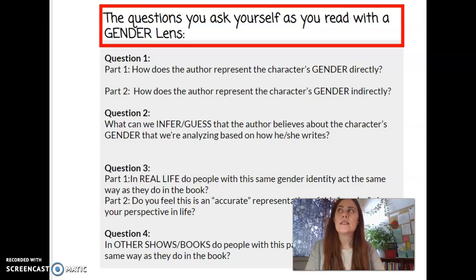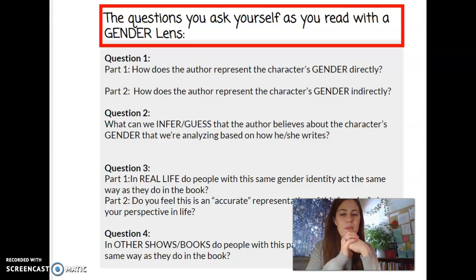What can we infer Jasmine Warga believes about that gender because of the way that she has crafted that character? For instance, if your author was to write female people that identify as the female gender as super whiny and shallow people, does that mean that Jasmine Warga wants us to believe that about females? I mean, we subliminally are kind of being constructed in our mind that that is the truth.